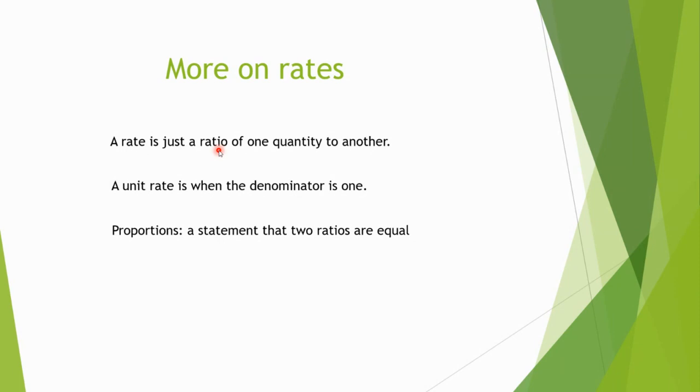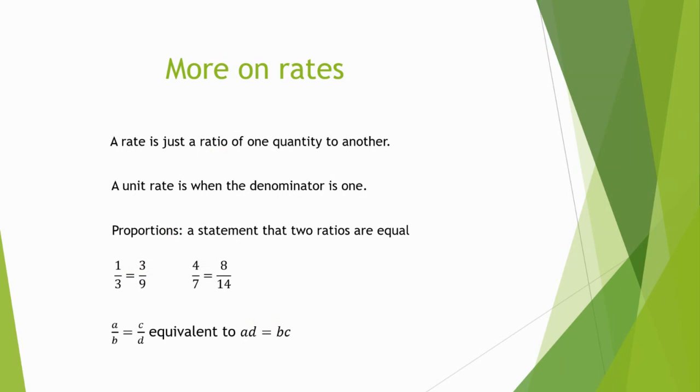And it turns out with proportions, you can use them to solve problems dealing with rates. These are just some examples of proportions. Here there's no variable, of course, but it's still a proportion. So we have this example, 1/3 equals 3/9. That's a statement that these two ratios are equal. Another one would be this. Okay. And those are just some examples.